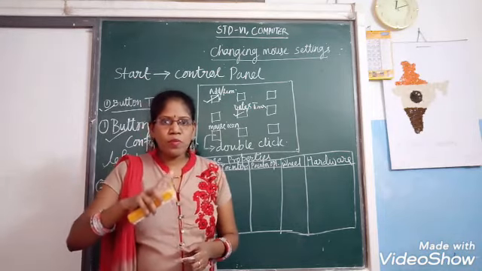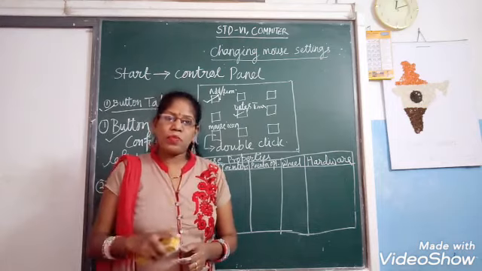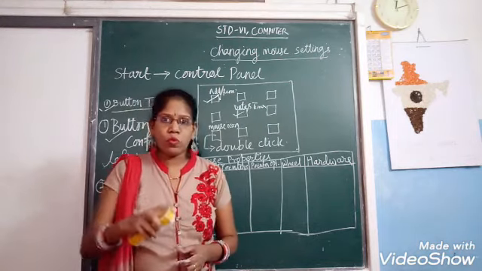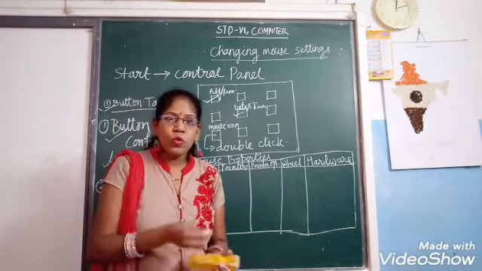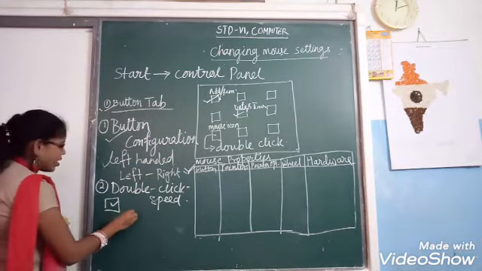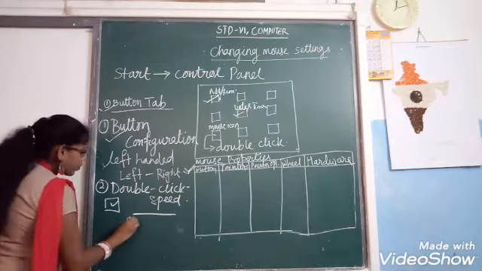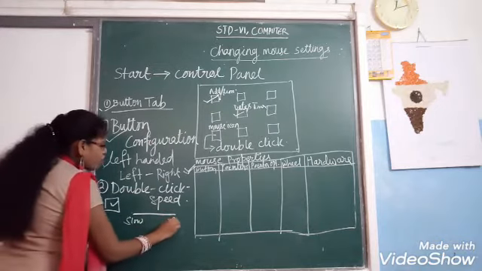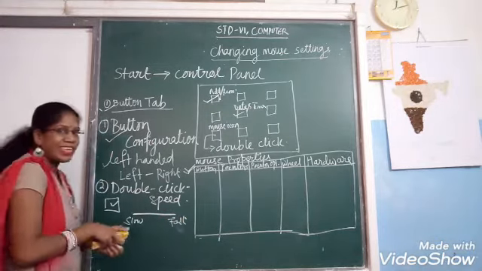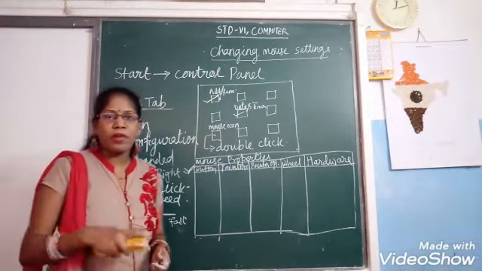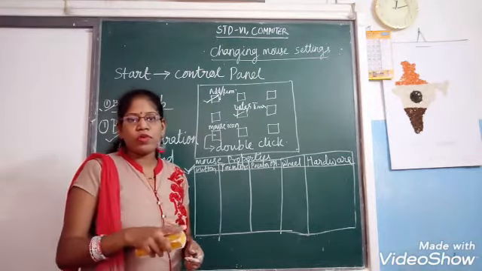Sometimes when you double click, maybe the speed will be too slow or too fast. In that case, you can manage the speed. You can make it slow or fast, and the click can be set according to your wish.